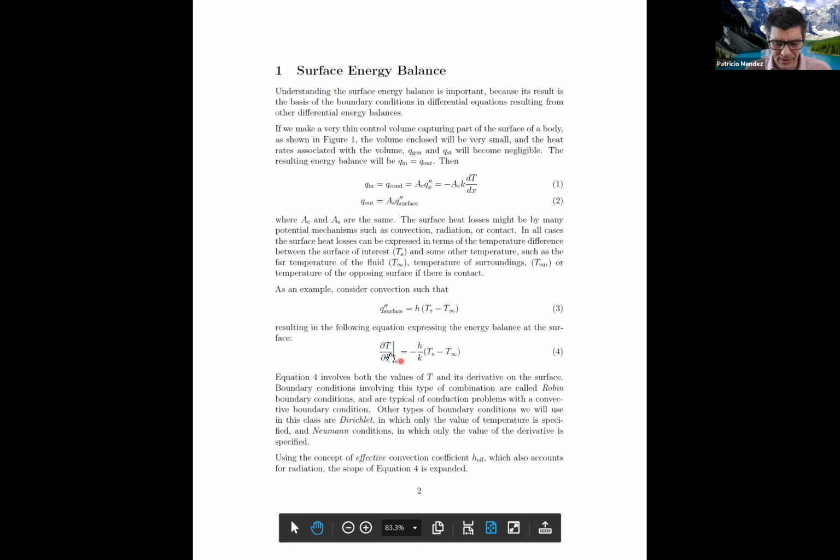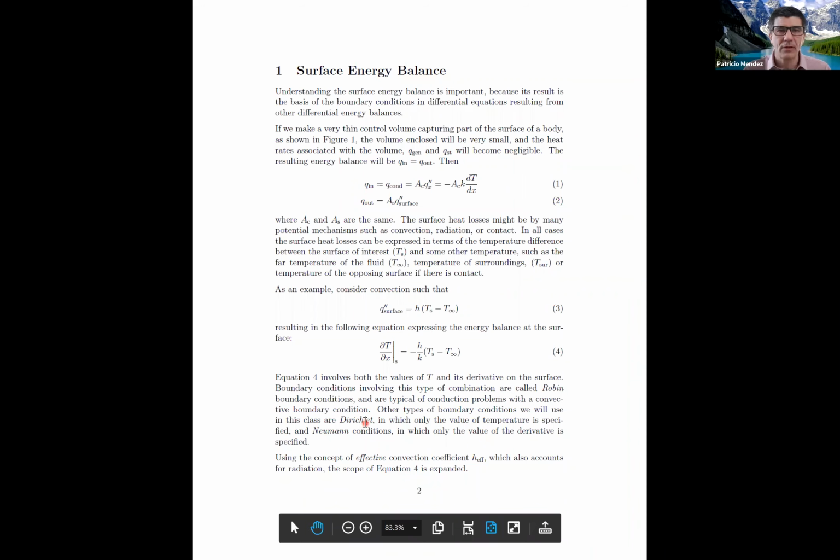And what is interesting or challenging is that we have a gradient at the surface equals some other term that involves temperature at the surface. There are other types of boundary conditions. For example, the Dirichlet boundary condition, in which you say my surface temperature is so much, done. That's a very easy boundary condition.